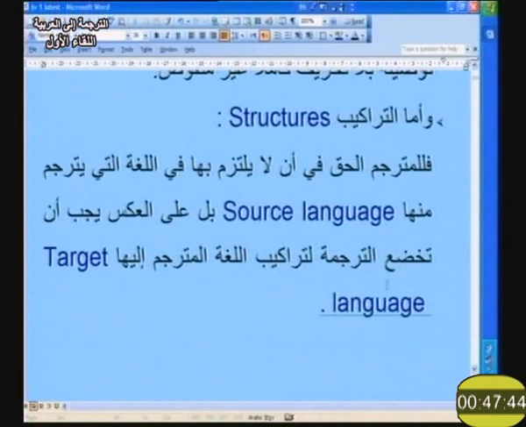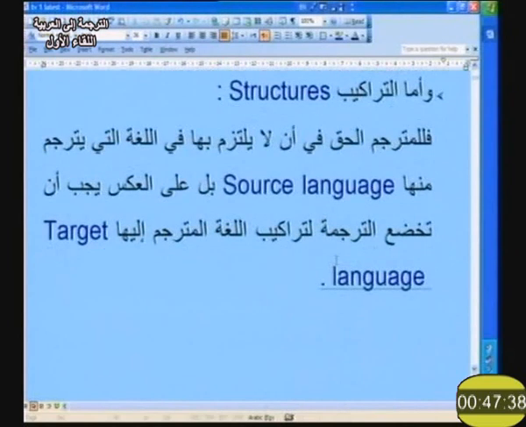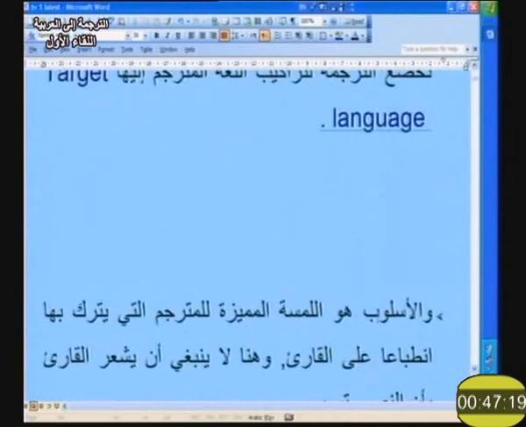Well, of course, many details and illustrations are needed to explain this point. Structure زي ما قلت تعني التراكيب أو the way words are put in order. للمترجم الحق في أن لا يلتزم بها في اللغة التي يترجم منها source language، بل على العكس يجب أن تخضع الترجمة لتراكيب اللغة المترجم إليها target language.